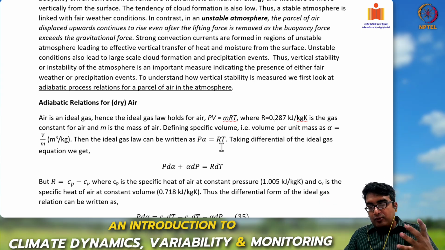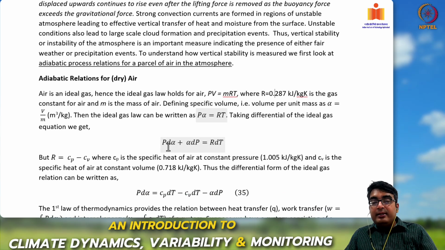And to understand what happens when these small changes occur, we take a differential of this equation. So we get P d alpha plus alpha dP equals R dT. Remember, R is gas constant, so it does not change. This is standard chain rule.